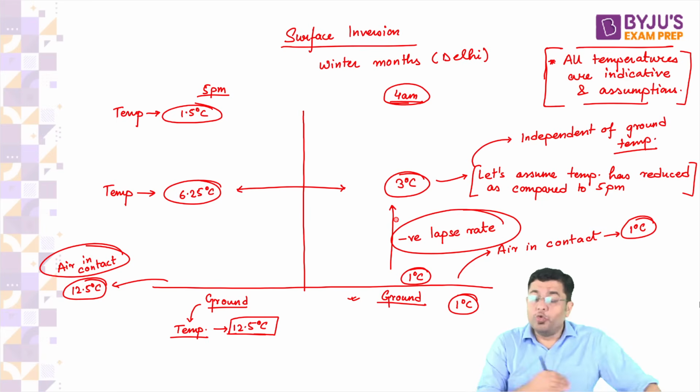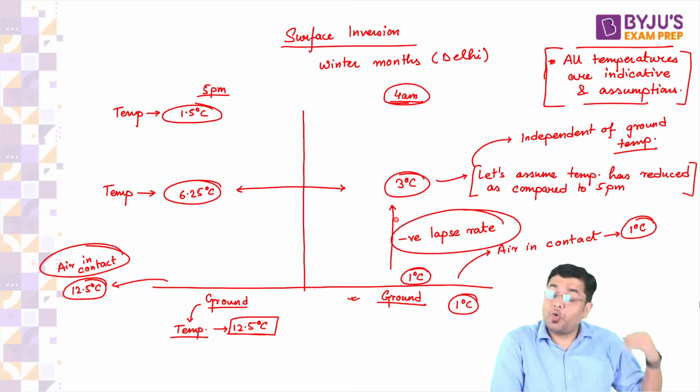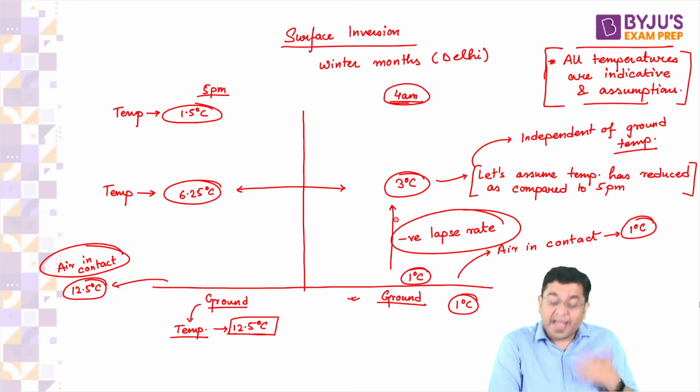Because the ground has cooled down quite sufficiently and quite quickly. That is why this negative lapse rate has been attained. This is what is surface inversion. Because the surface has cooled down, that has cooled the air immediately above. That is what is surface inversion. Is that now understood? I hope that is clear now.